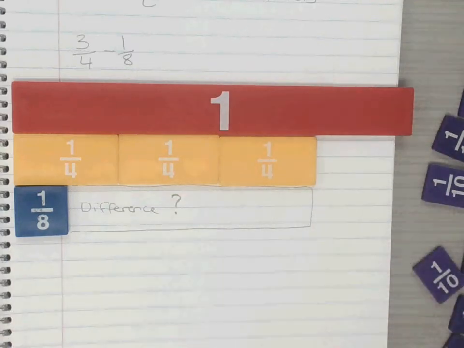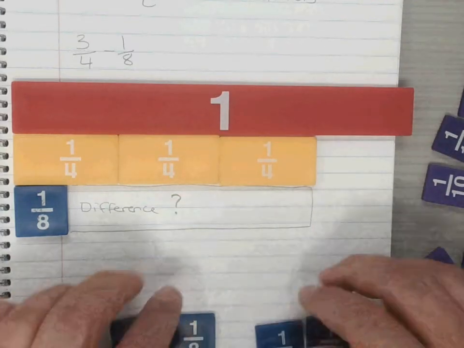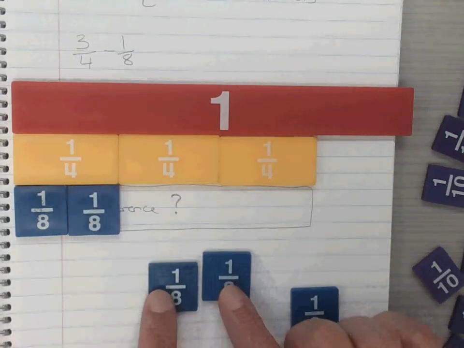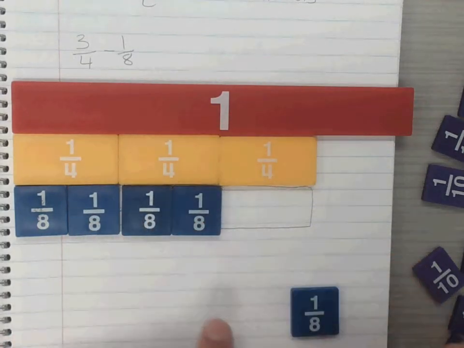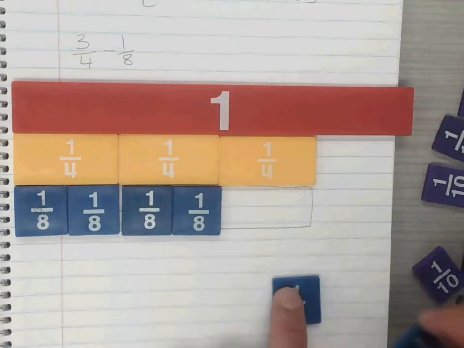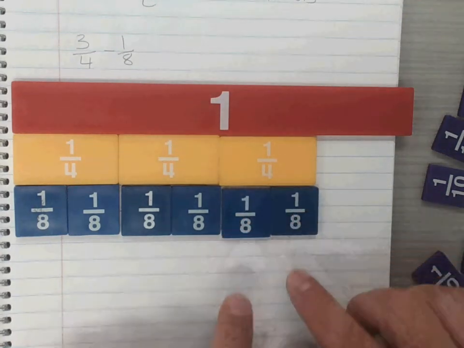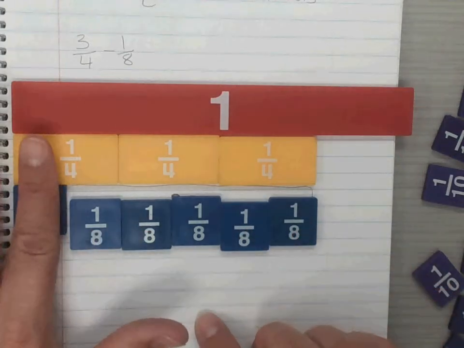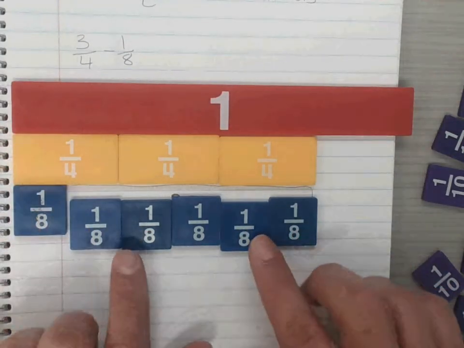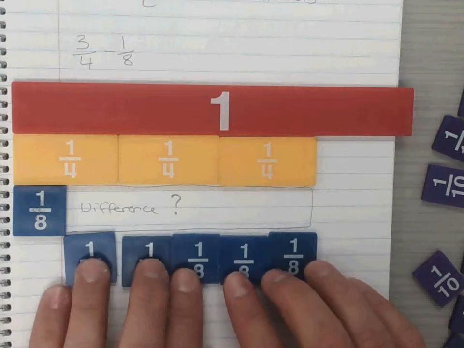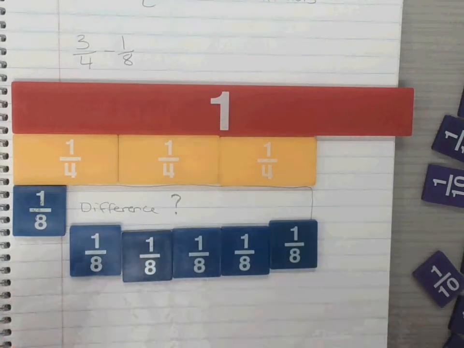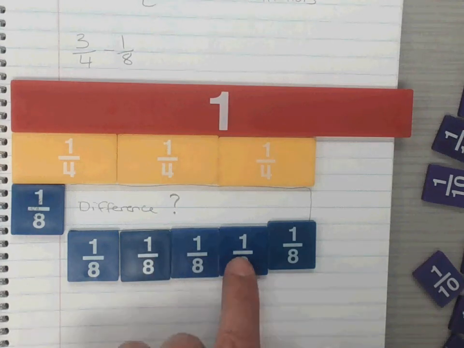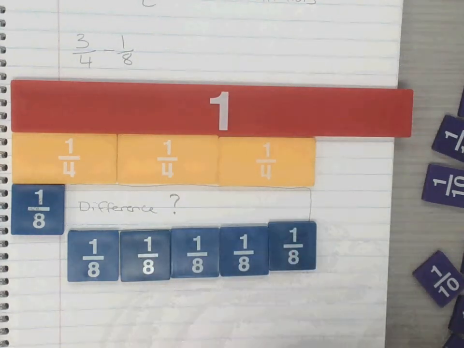Let's see. I might go ahead and try 8s, because I know 2/8 equals 1/4, 2/8 equals 1/4, and 2/8 equals 1/4. Okay, so I'm not counting him because that's what I'm taking away. So how much is left? What's my difference? Well, it looks like it's going to be 1, 2, 3, 4, 5/8.